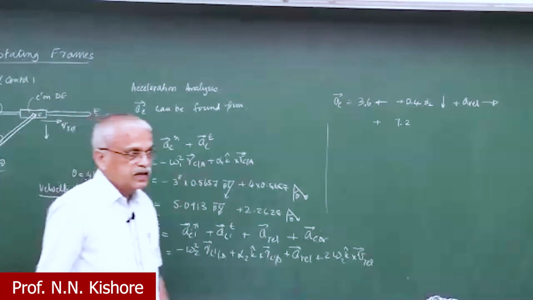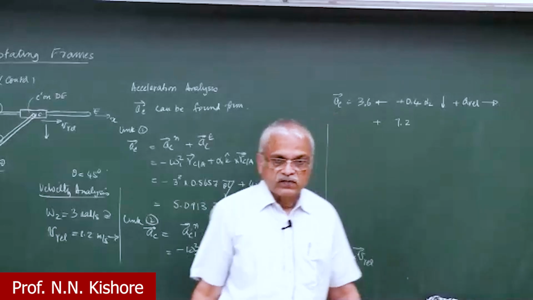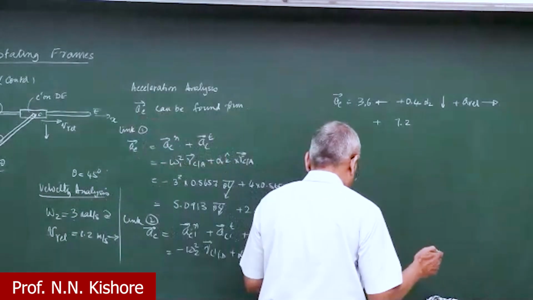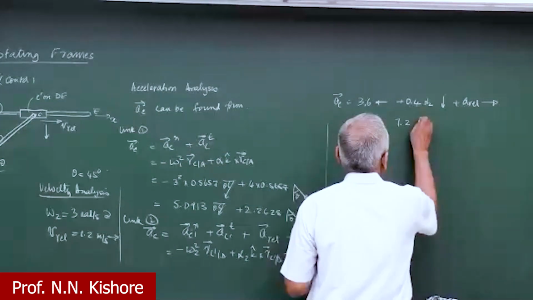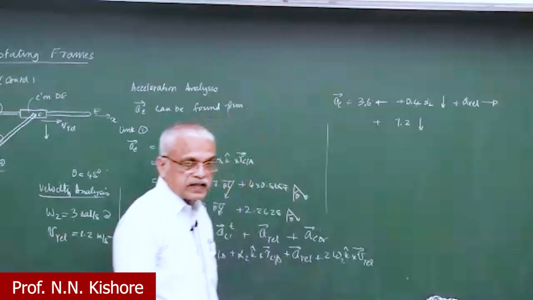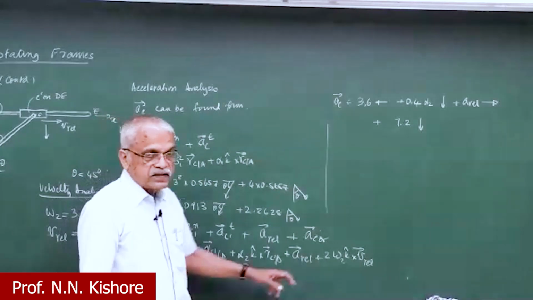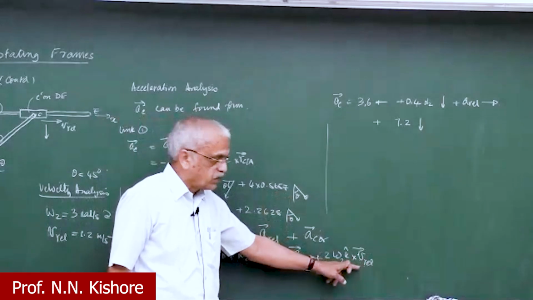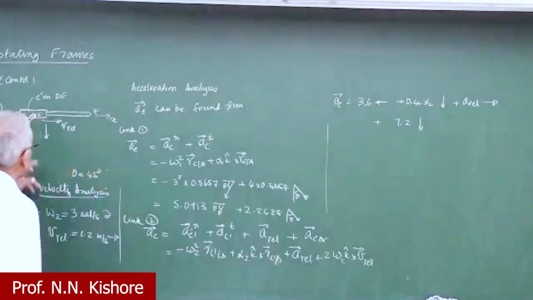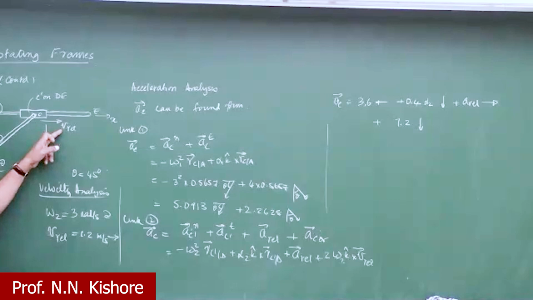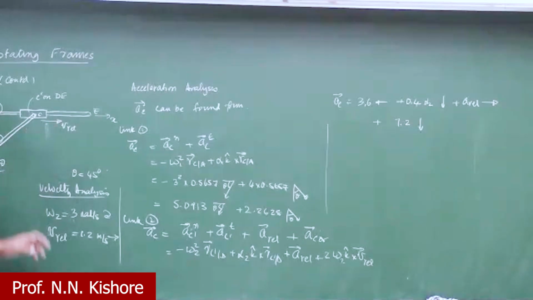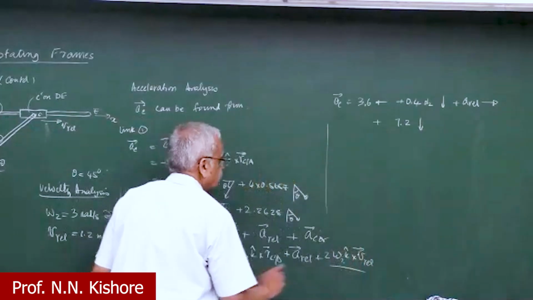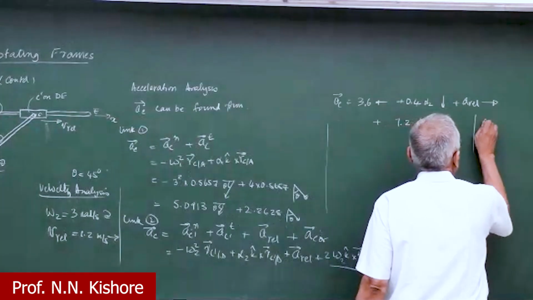So the magnitude is omega 2 VREL, and the direction is VREL turned through 90 degrees, which is what your cross product actually is, in the direction of omega 2.